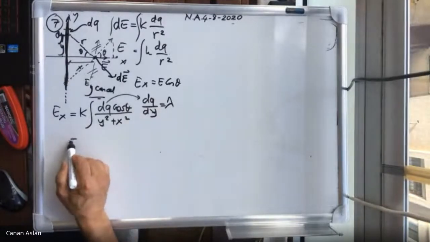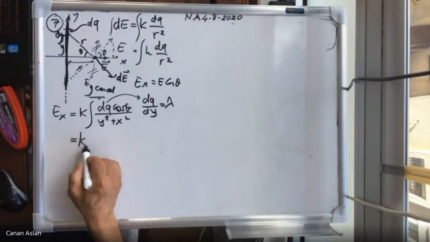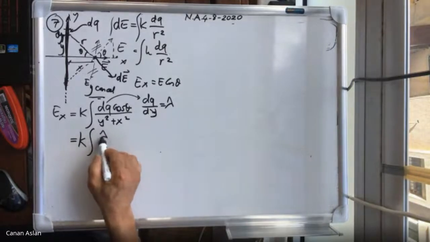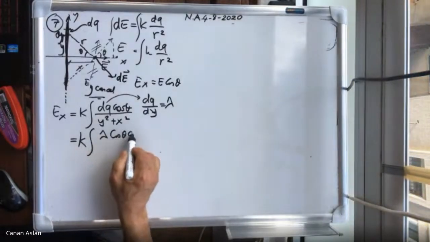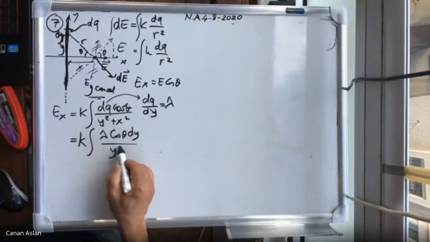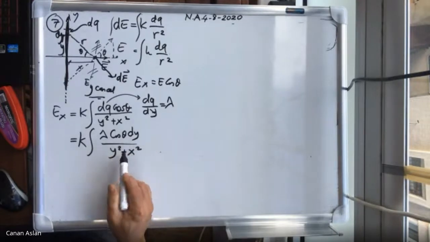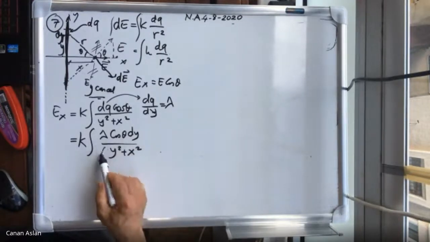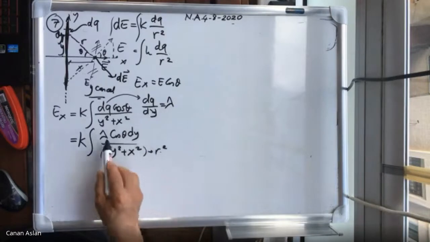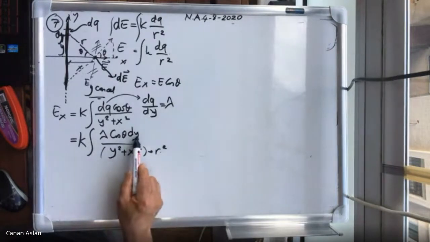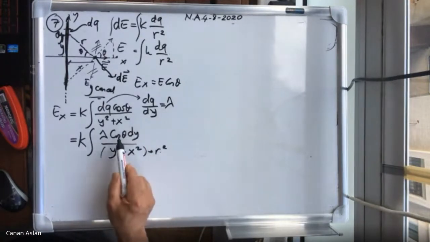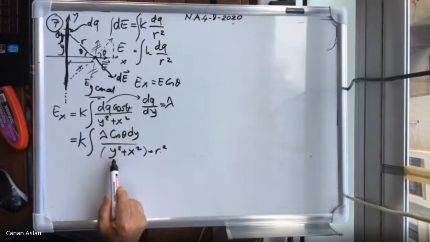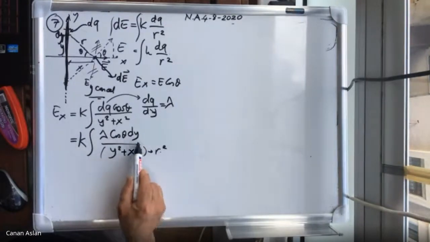So the electric field in the x direction will be k lambda times cosine theta dy divided by y squared plus x squared. This is a difficult integration because the integration is done with respect to y, but theta changes also, and y squared is there, so it's complicated.